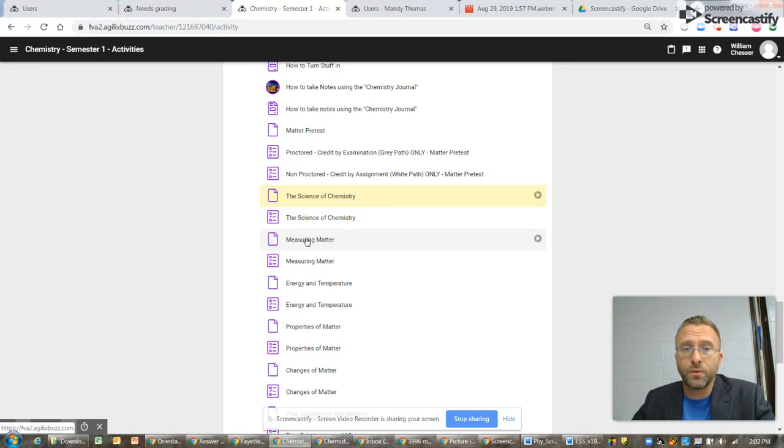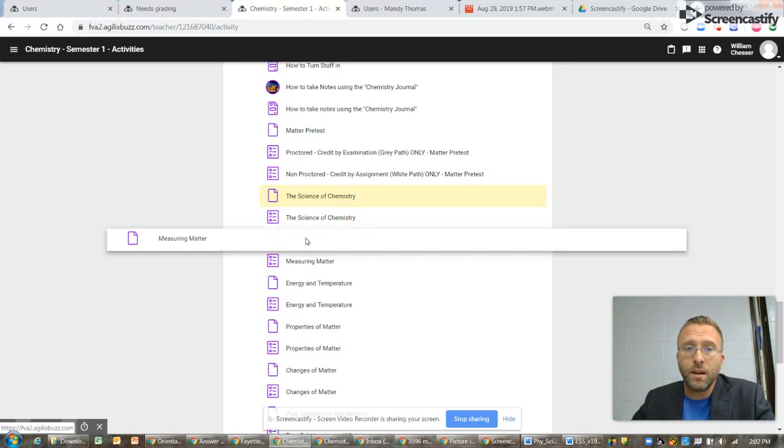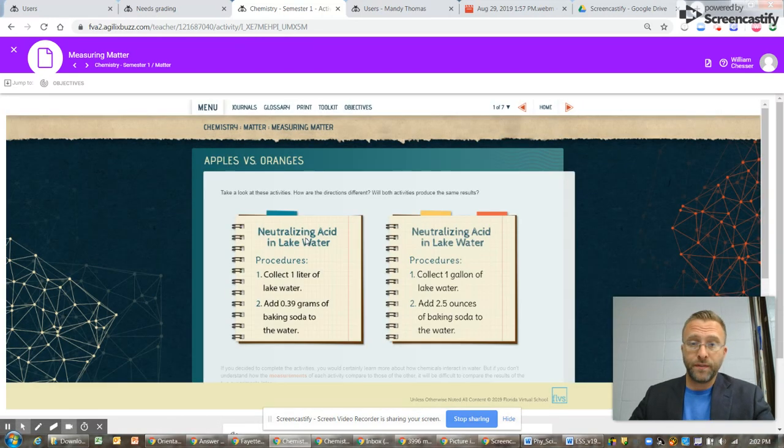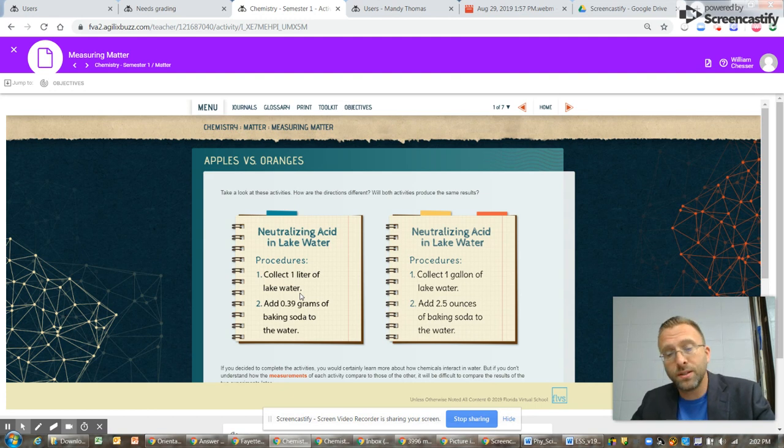measurement turns out to be an incredibly important thing in chemistry. Matter is just stuff. Atoms make up stuff. Air, water, liquids, solids, gases are all made out of atoms. They're made out of matter. And a lot of chemistry is measuring those things and taking note of when one thing changes into another, like when you burn wood, it starts as a solid, but it turns into a gas.